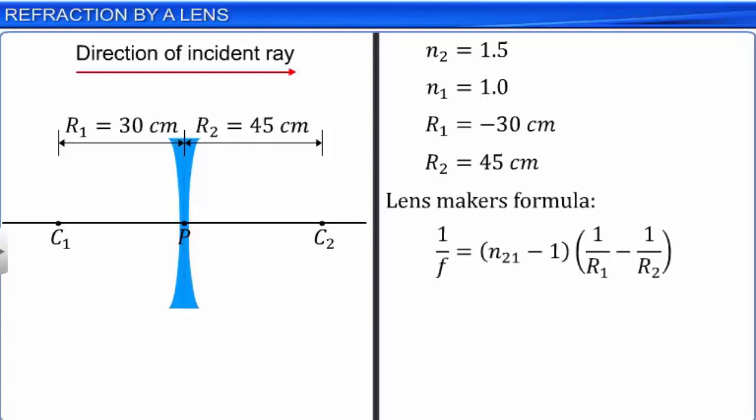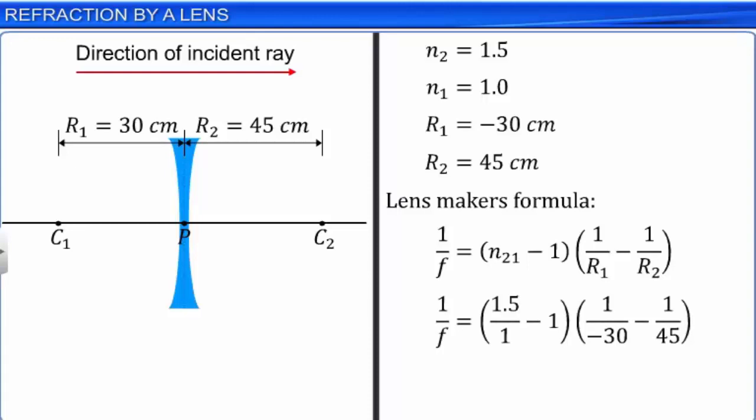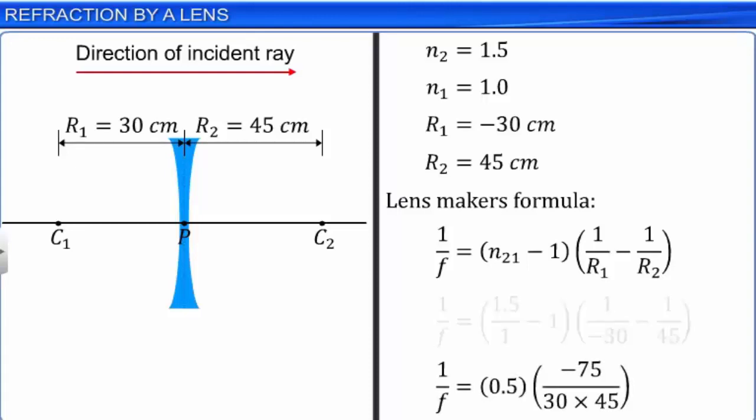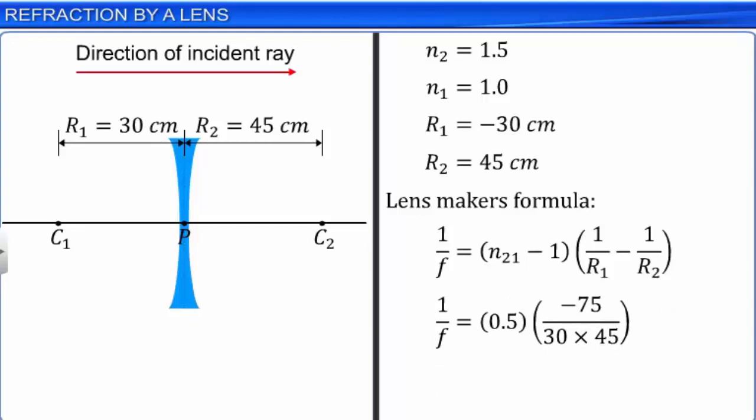What happens if the lens is placed in a liquid of refractive index 1.75? Now, n1 is equal to 1.75 and all other values remain the same.